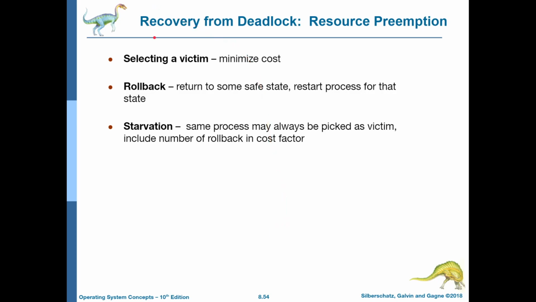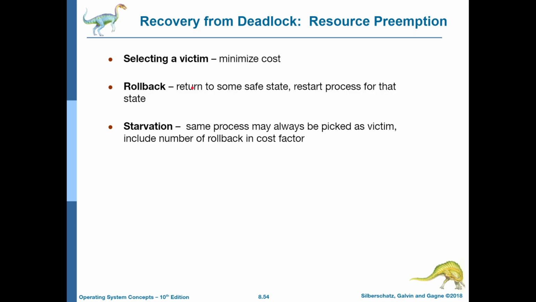So usually the way this is done, to select a victim, we really want to minimize the cost. What is meant by cost? Well, the cost is usually how many resources that particular process has, how long it's been running, and its priority.